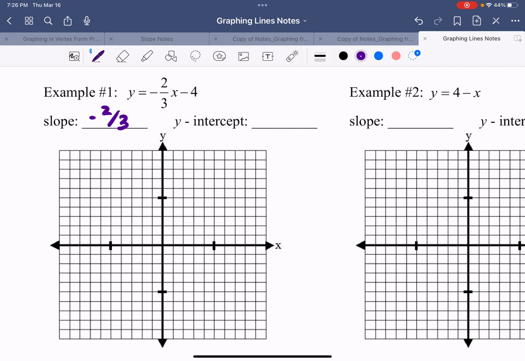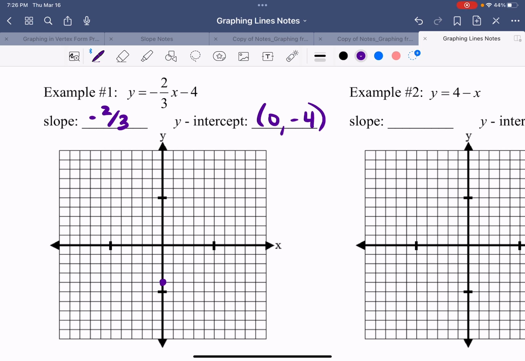Or do I? I do. (0, -4), because this right here is y-intercept. Remember, you're taking the sign that's in front of that value, okay? So let's plot our (0, -4) right here.